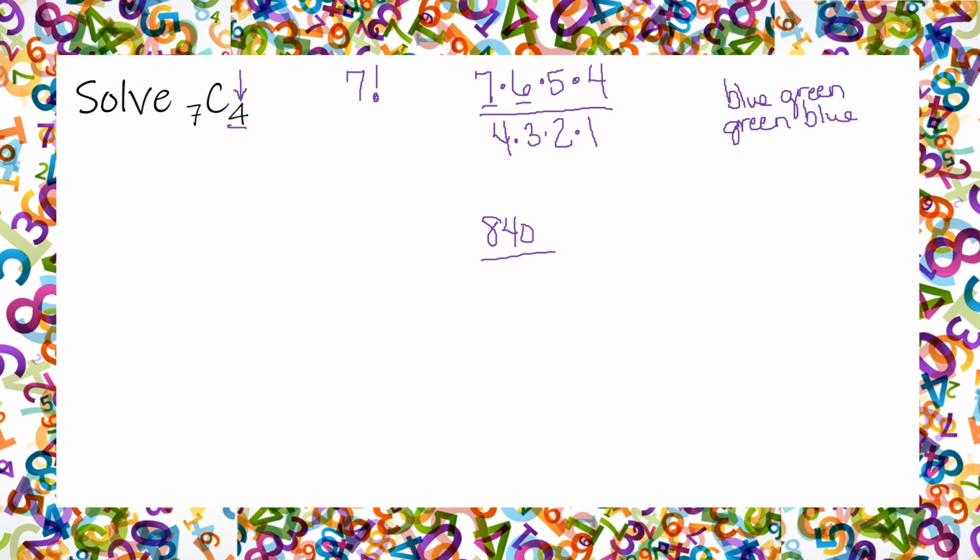And that is 24. So to figure out how many combinations I can make with 4 somethings out of 7, I'm going to go ahead and divide those. 840 divided by 24. And because order doesn't matter, I can make 35 combinations.